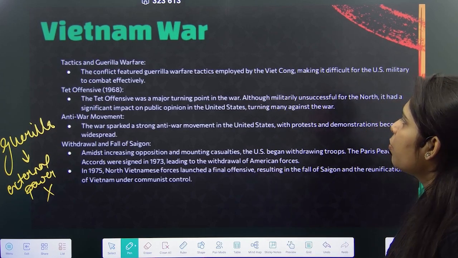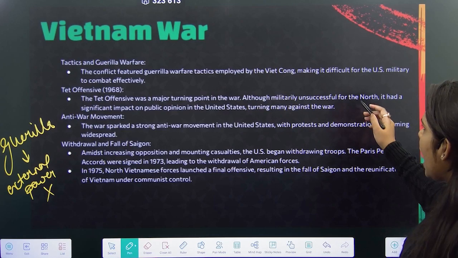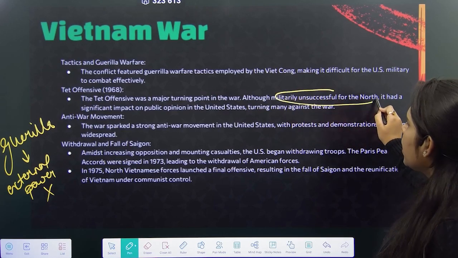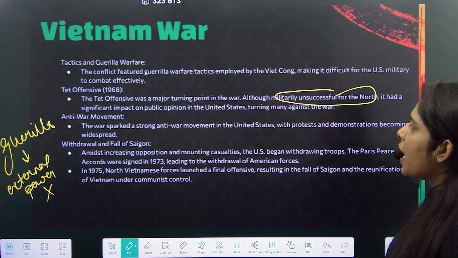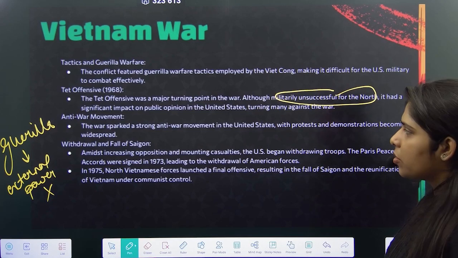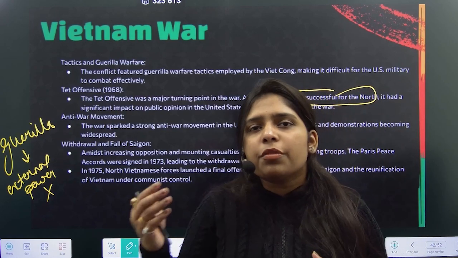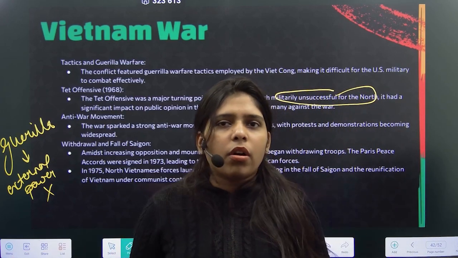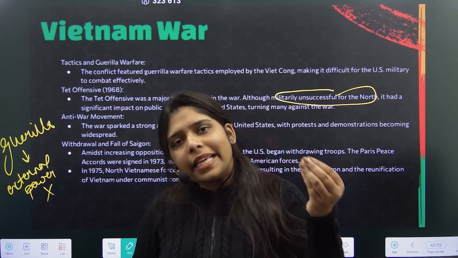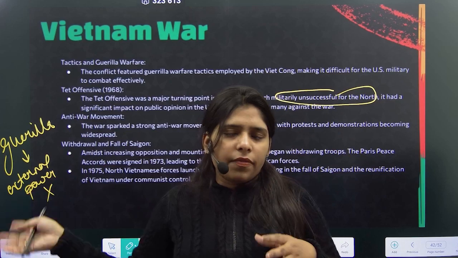It was a major turning point in the war. Although the Tet Offensive was militarily unsuccessful for the North, it had a very big impact on public opinion in the US, turning many against the war. So US people were saying that the US did not need to be involved in the Vietnamese war that was going on over there, and that involvement was totally unnecessary. That was the Tet Offensive.